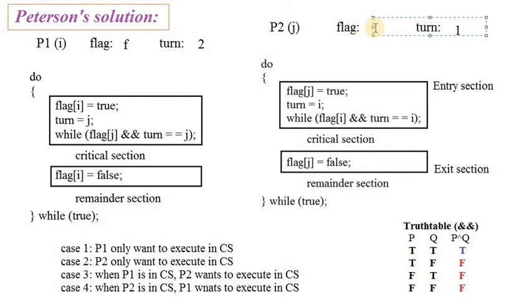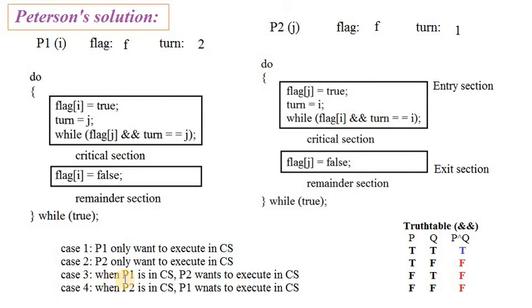Whenever any program has exited from the critical section, it should set the flag bit as false. Why? Because the other program should get a chance. That is why I am simply setting it as false. Okay. And the second case is over. In this second case, program 2 successfully executed.